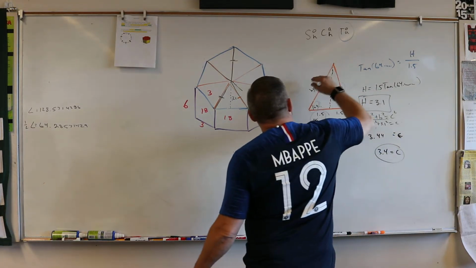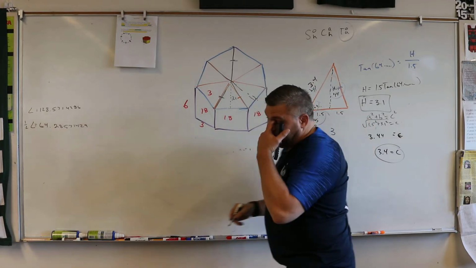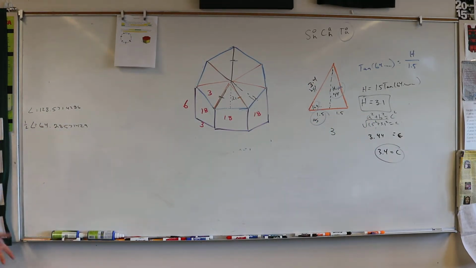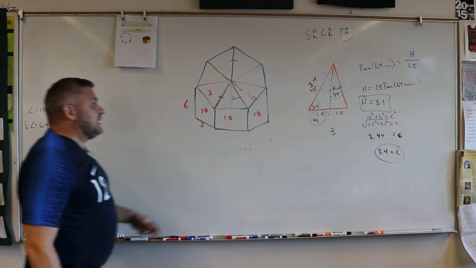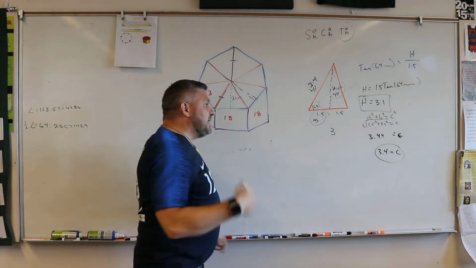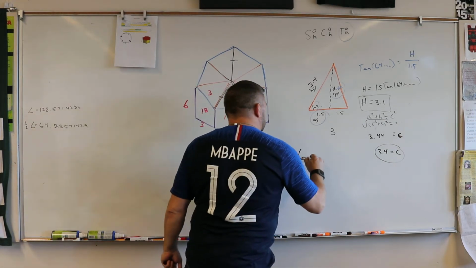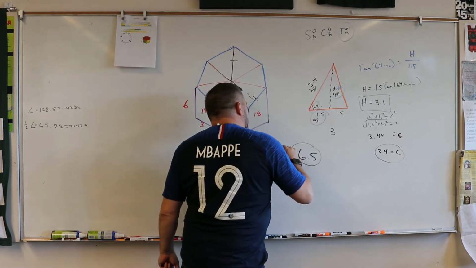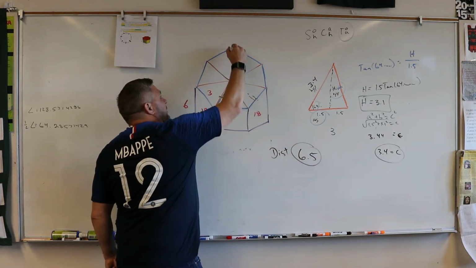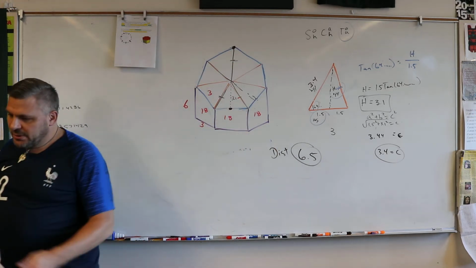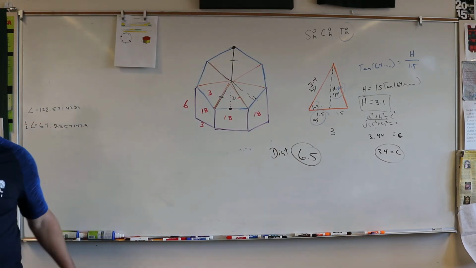Okay? So this hypotenuse is 3.4 for me. Does that make sense? So then the distance across the pool is going to be 3.4 plus 3.1. So my distance is going to be 6.5. And that would be my distance from one corner of the pool to the other side of the pool. Does that make sense?